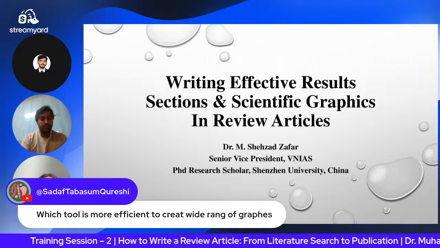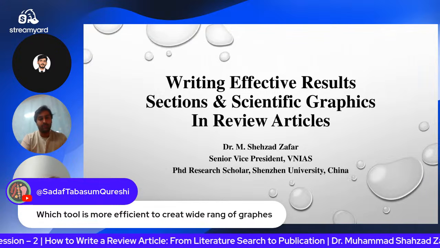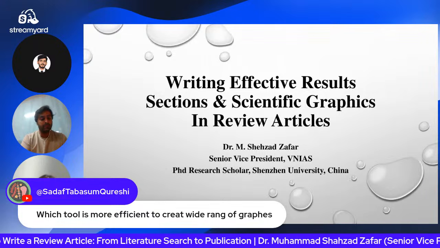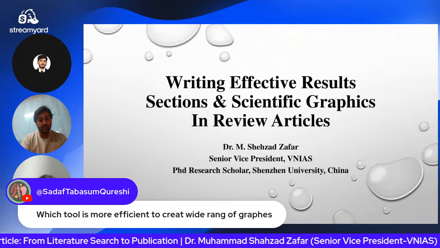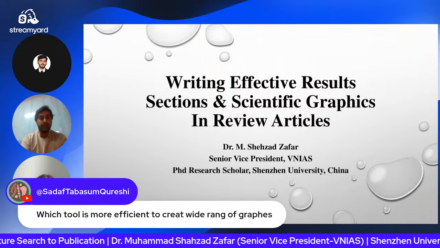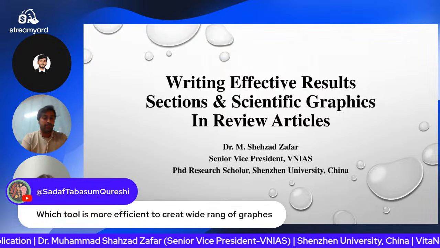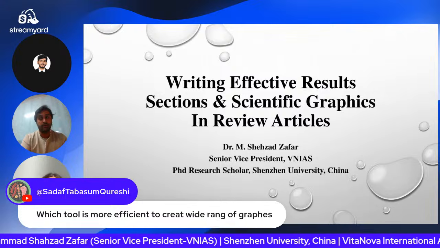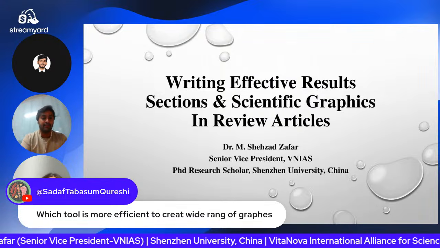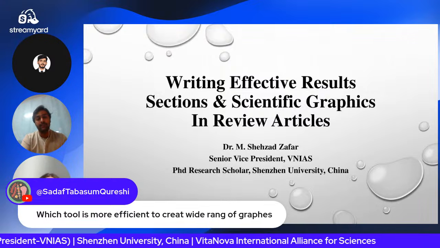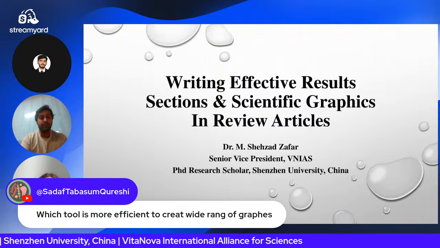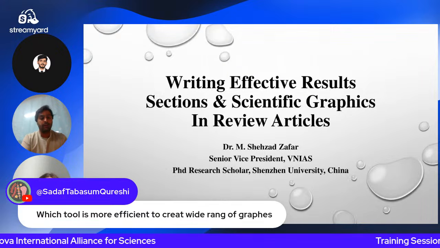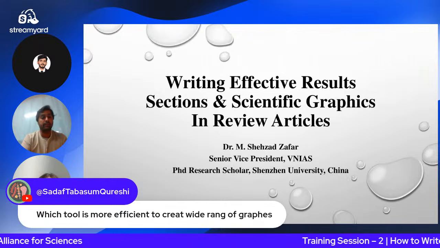There are several tools, but I would recommend, according to my experience, BioRender and Canva. These two are more important. Perplexity is also good, but with Perplexity you can generate the figure but cannot draw. For drawing, Canva and BioRender both are important.